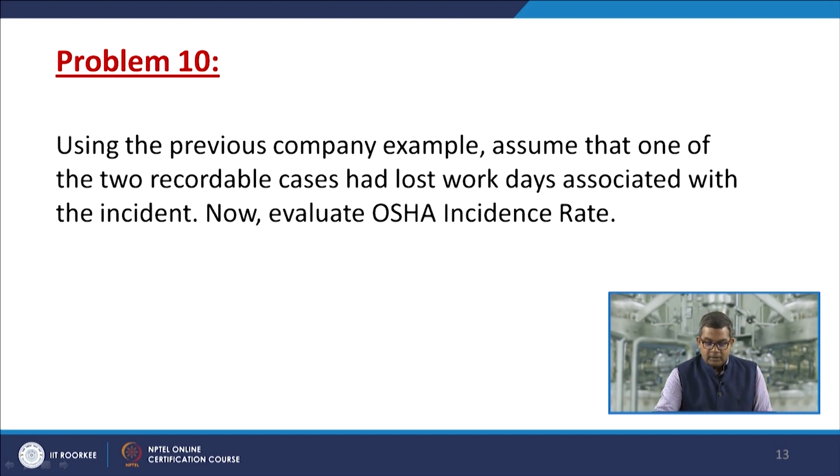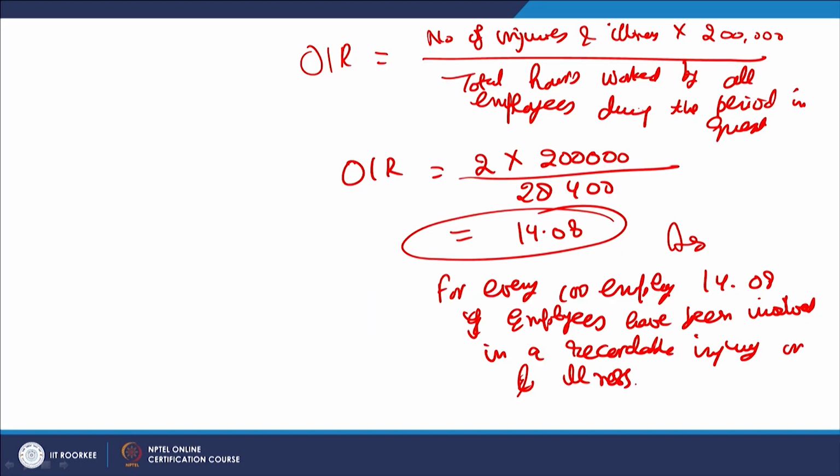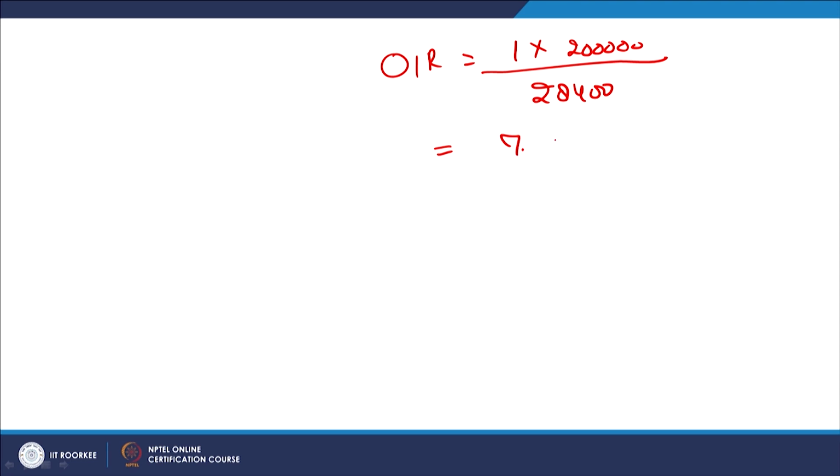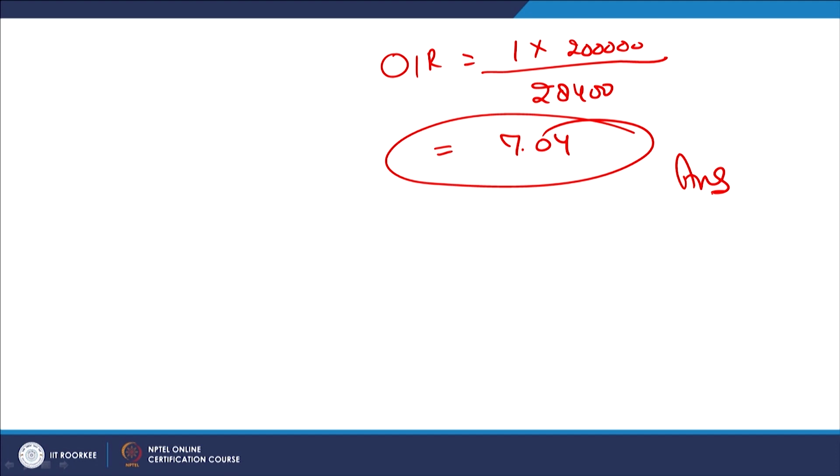So, you again need to evaluate the OIR based on this statement. Referring back to the previous problem, OIR is equal to 1 into 2 lakh divided by the total number of hours worked by the employees, which remains the same. It comes out to be 7.04. This is the answer. So, for every 100 employees, 7.04 employees have suffered lost time because of a work related injury or illness.